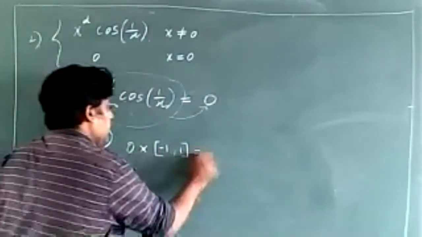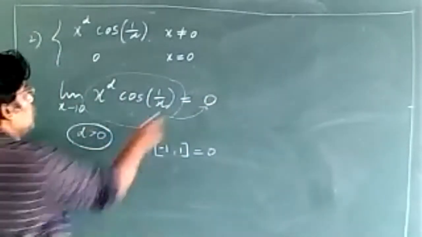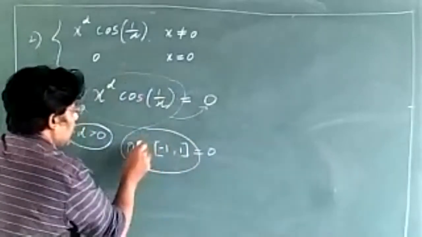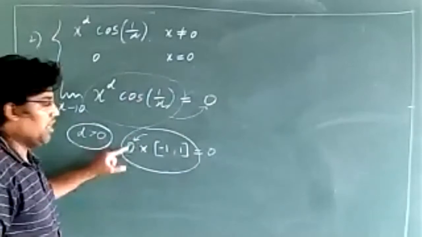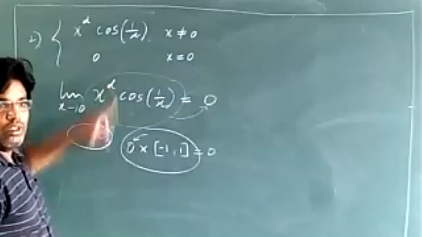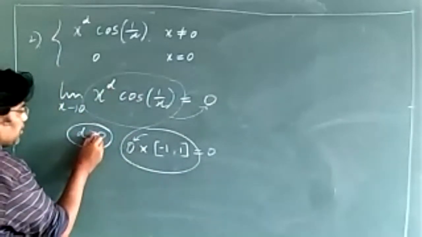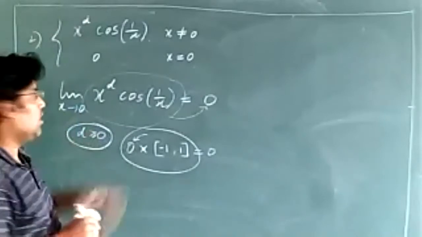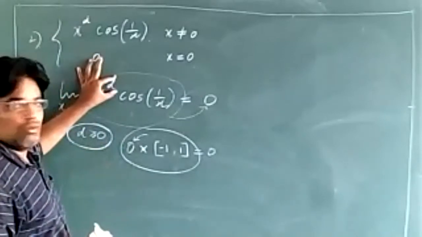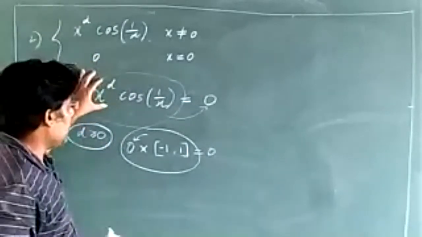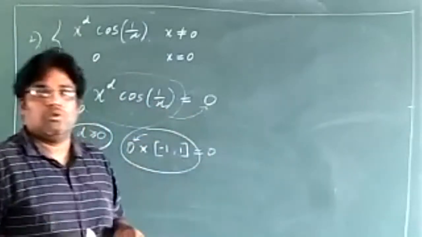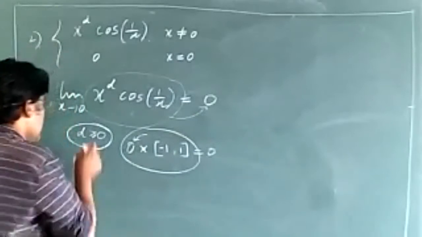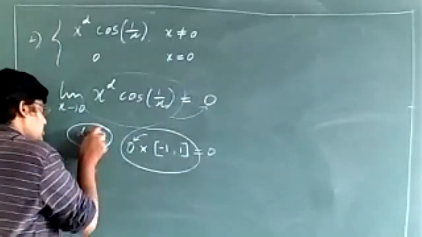So this whole thing becomes 0 only when alpha is positive. See what happens when alpha is equal to 0. Anything to the power of 0 is 1. 1 into that value, can this be equal to 0? No.